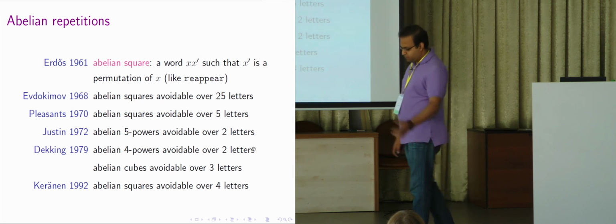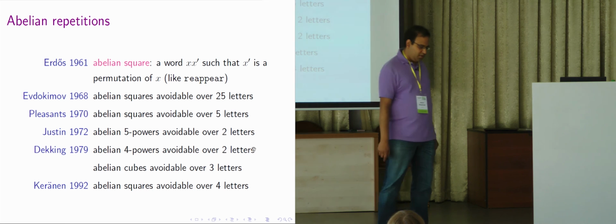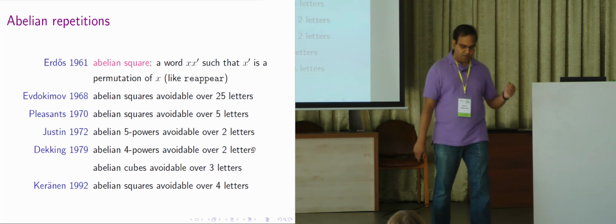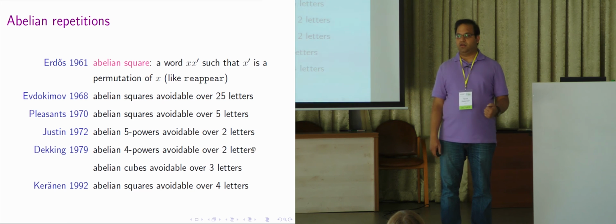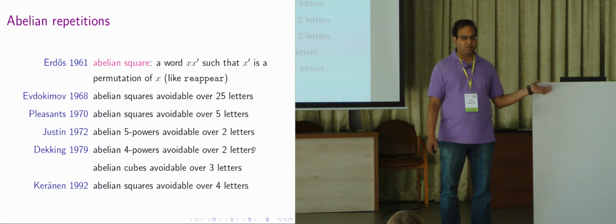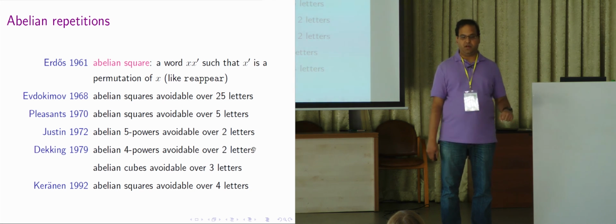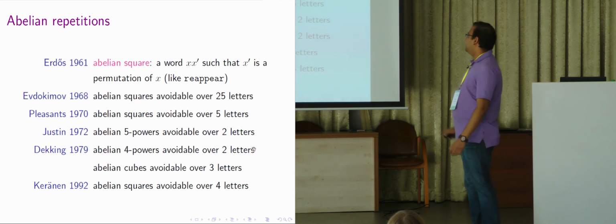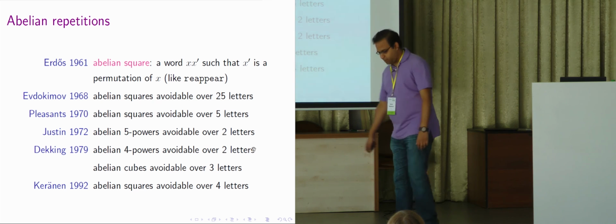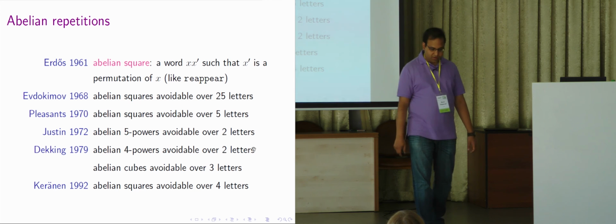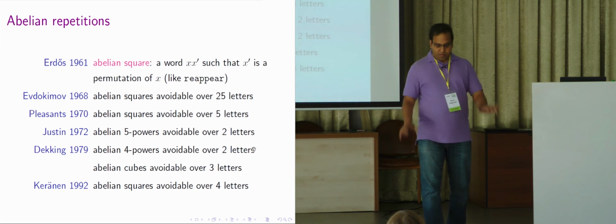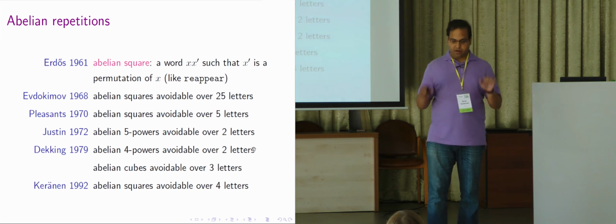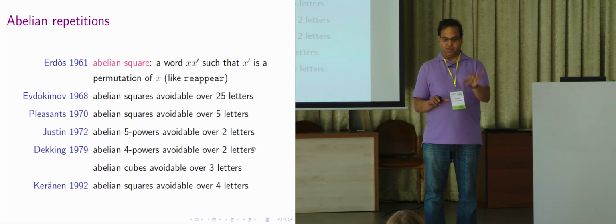So we've seen some generalizations already. We've seen fractional repetitions. We've seen patterns with several variables. So these abelian repetitions are a different kind of repetition. An ordinary square is the same word x repeated twice in a row.